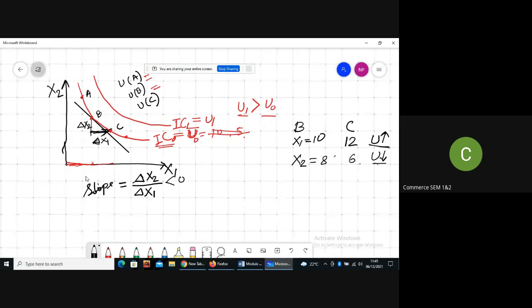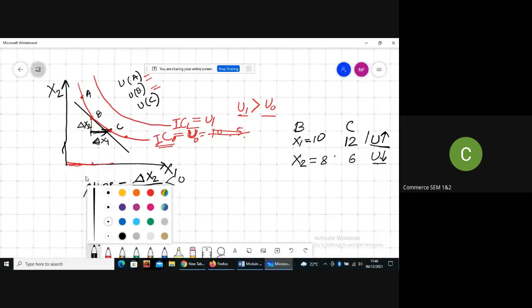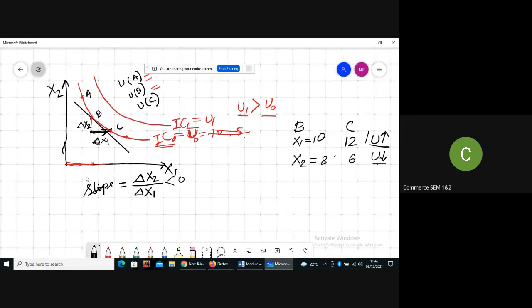So if you combine this gain and loss, your utility will remain the same.